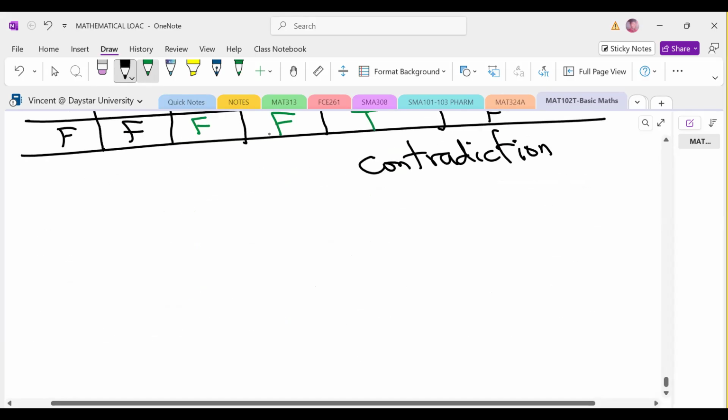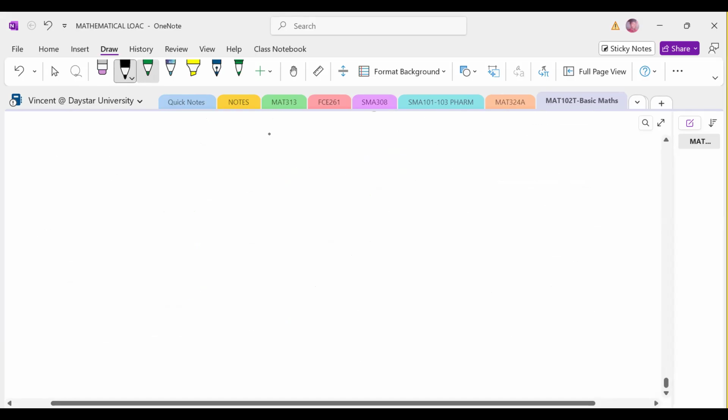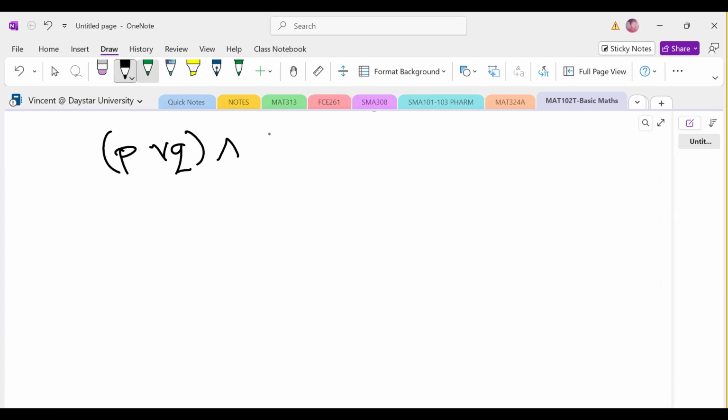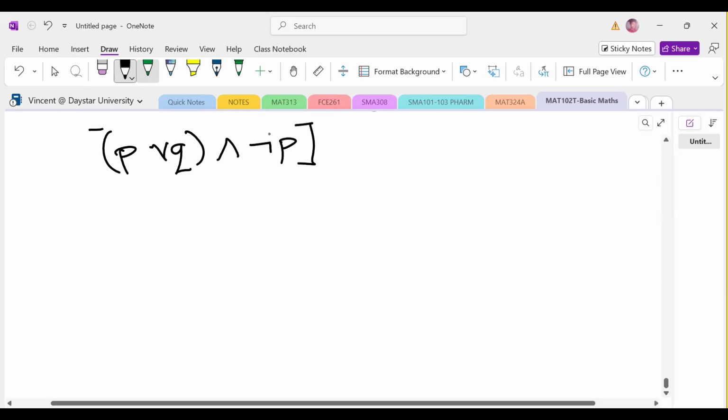The next one, I would have given you, but to save time, the easiest thing will be for me to do it, and then you explain what it's supposed to do. So the question is P or Q, and not P, implies Q. When you are given a statement, you should not be scared.